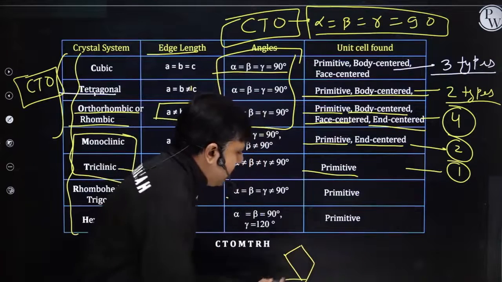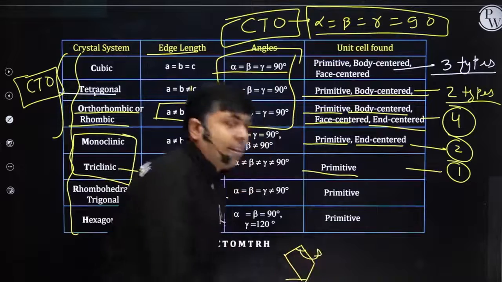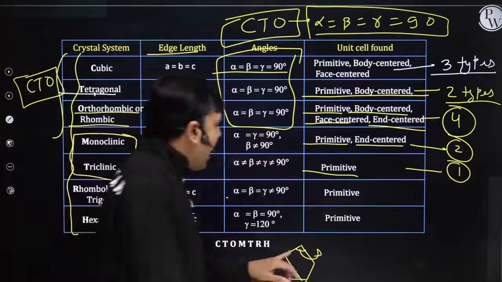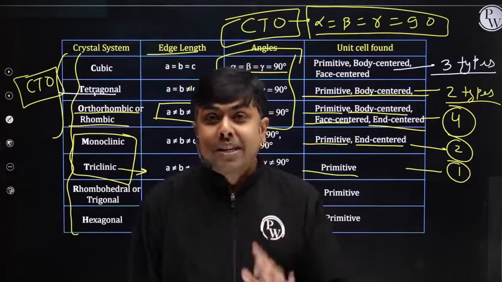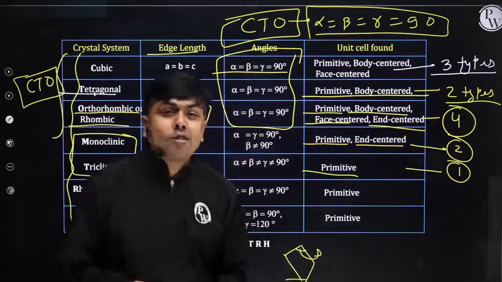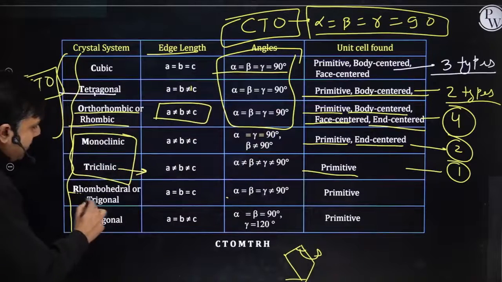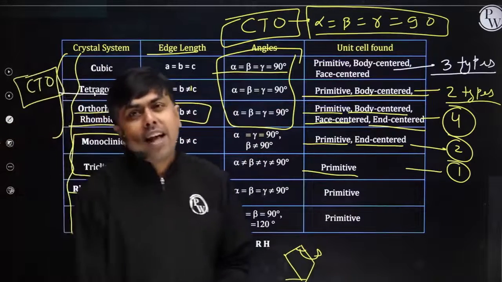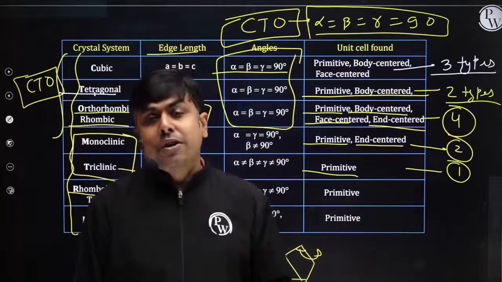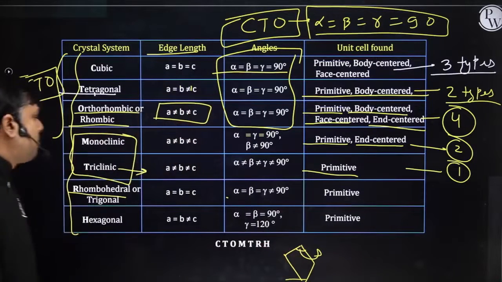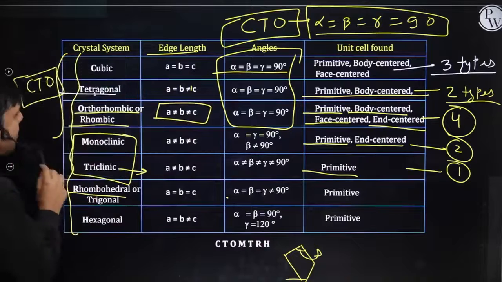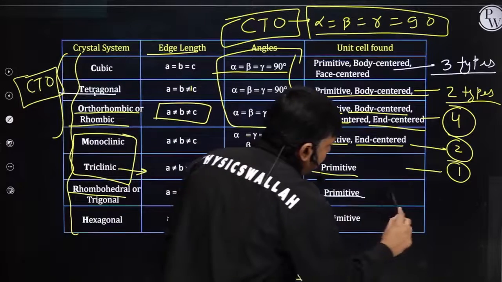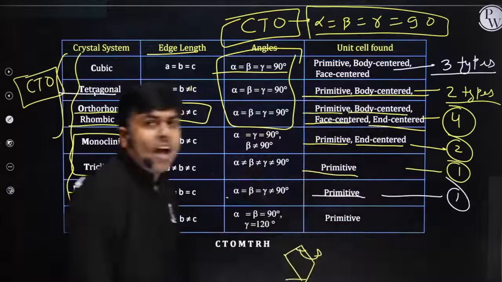Now here, simply consider one thing: angles are not the same as 90, but the edge lengths are the same in case of rhombohedral. Am I clear? Or we say it as trigonal. The type of unit cell found here is primitive only. Primitive is found almost everywhere.